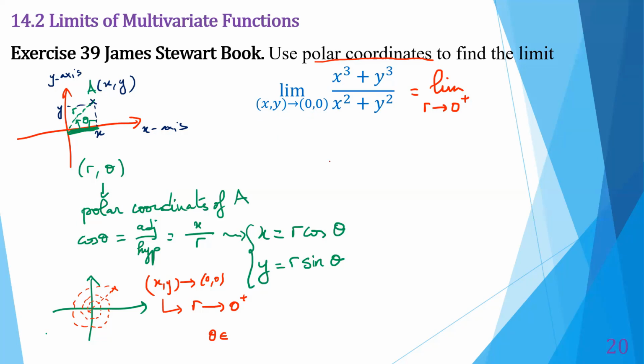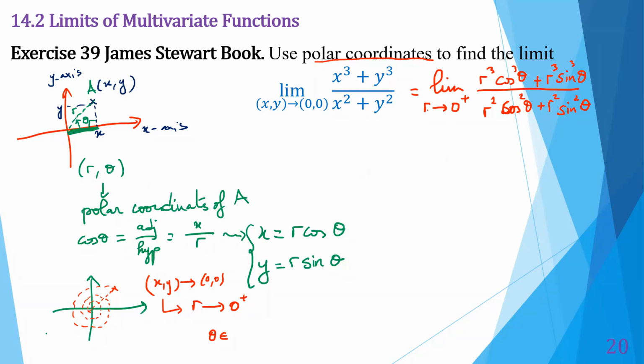X cubed, we replace x by r cosine theta, so we get r cubed cosine cubed theta, plus y is r sine theta, so it's r cubed sine cubed theta, over r squared cosine squared theta plus r squared sine squared theta.